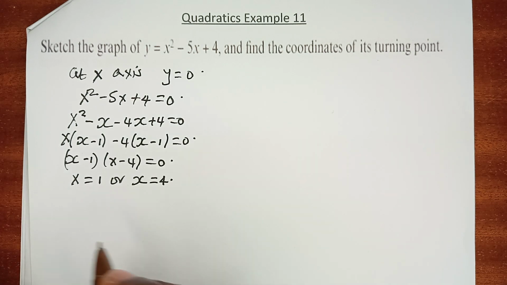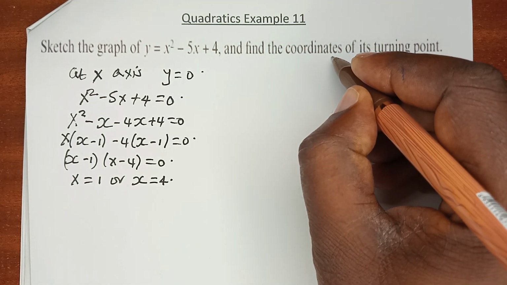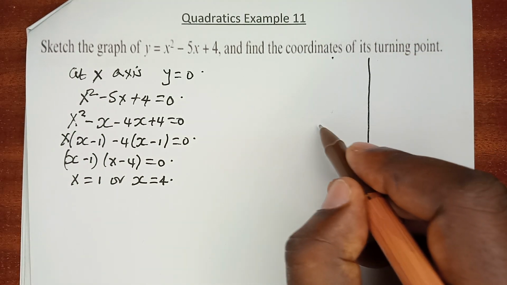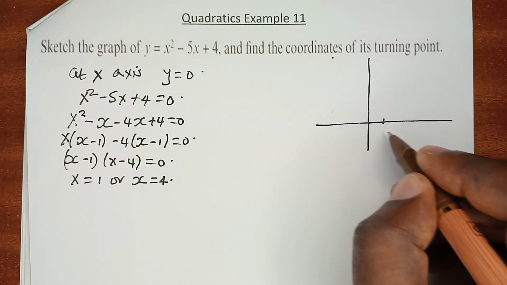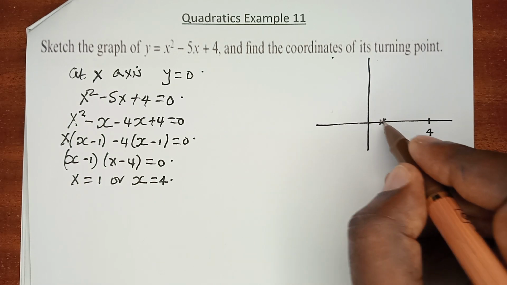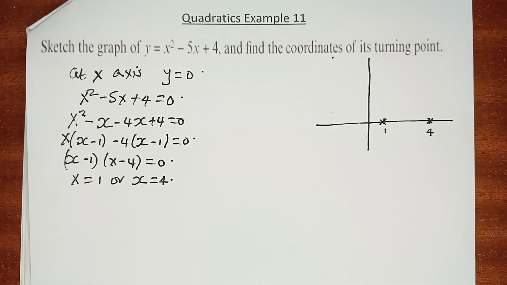Allow me to just sketch it here, we have 1 there and we have 4 there. These are the x-axis intercepts. What is the y-axis intercept?